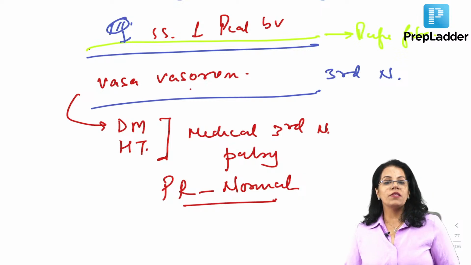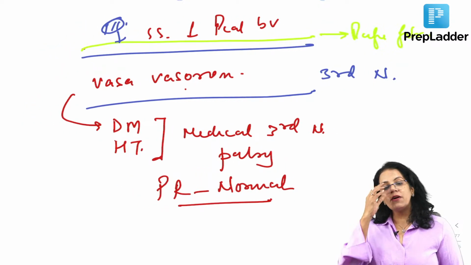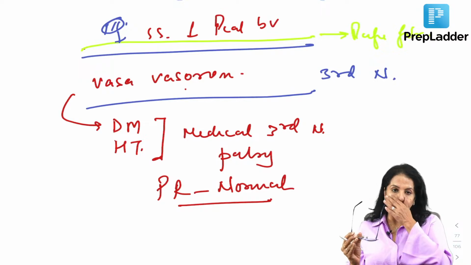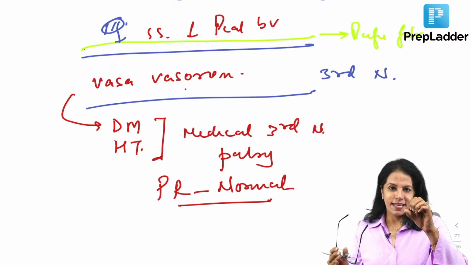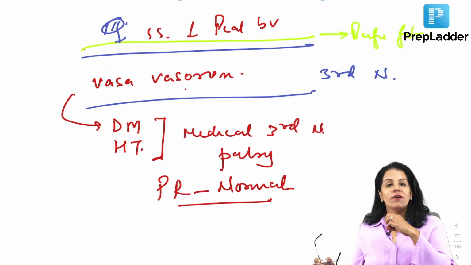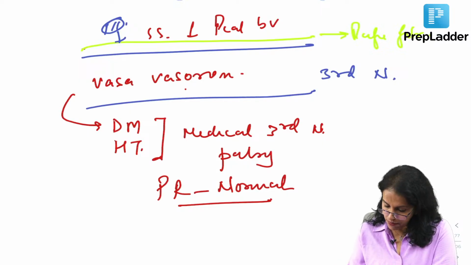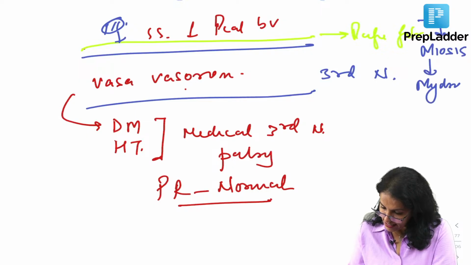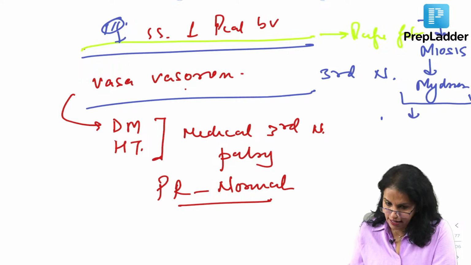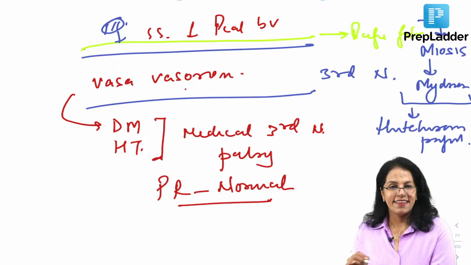So this will be involving the pial blood vessels and the pupillary fibers are involved. And do you remember I also taught you that when the pupillary fibers are involved, initially there is constriction, and when all the fibers are damaged, there slowly will be the dilatation. So meiosis followed by mydriasis. What did I teach? This is what is seen in case of compressive lesions here, and this is what is called Hutchison's pupil. Meiosis followed by mydriasis, and this is what is called Hutchison's pupil. Then, right? Okay.